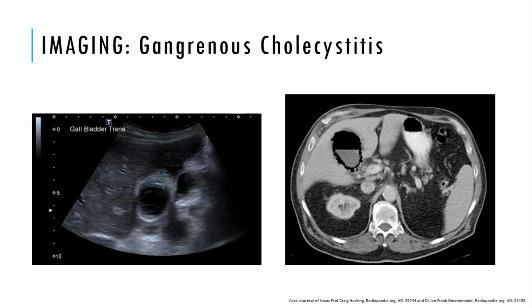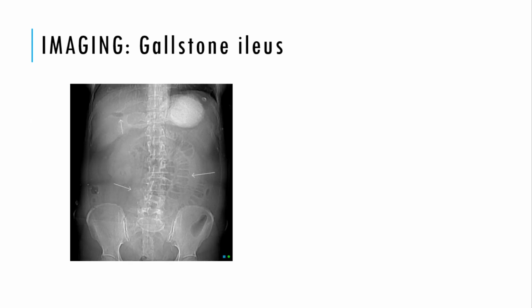And as we said previously, if you have a fistulation of the gallbladder with the bowel, then you can typically see a big gallstone inside the small bowel, and also a small locule of gas within the right upper quadrant, which is contained within the gallbladder through the fistulation to the bowel.